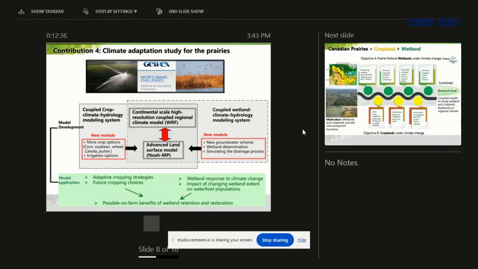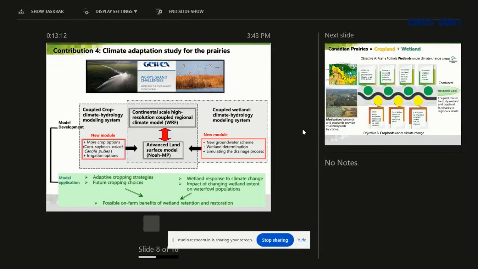In addition, we developed a dynamic crop module that includes different crop types, and we coupled it to the coupled land-atmosphere model. We use it for crop yield simulation, crop strategy, future crop choices for our region, and irrigation efficiency. There is a lot of discussion based on that.